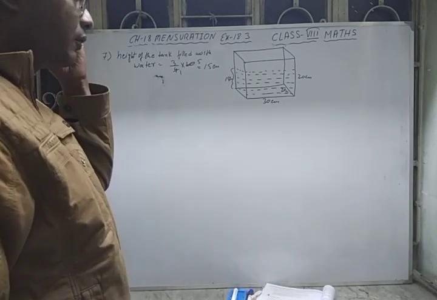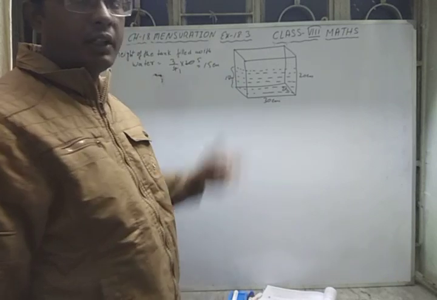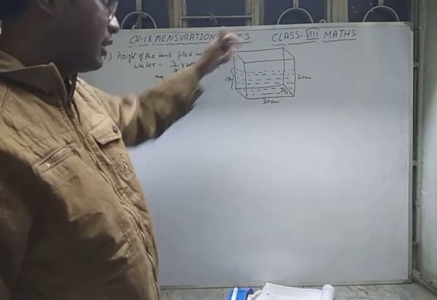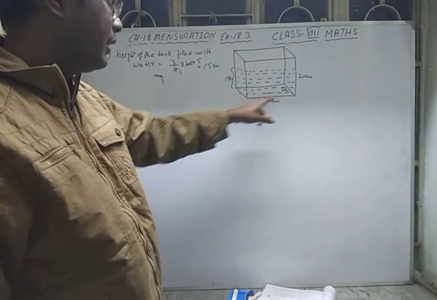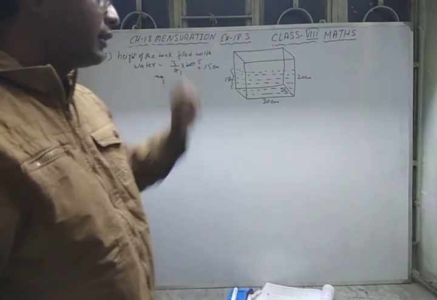Now what is the total surface area of the tank which is in contact with water? Since the top of the tank is not in touch with water, you have to just find the area of the floor and the area of the walls which are in contact with water.